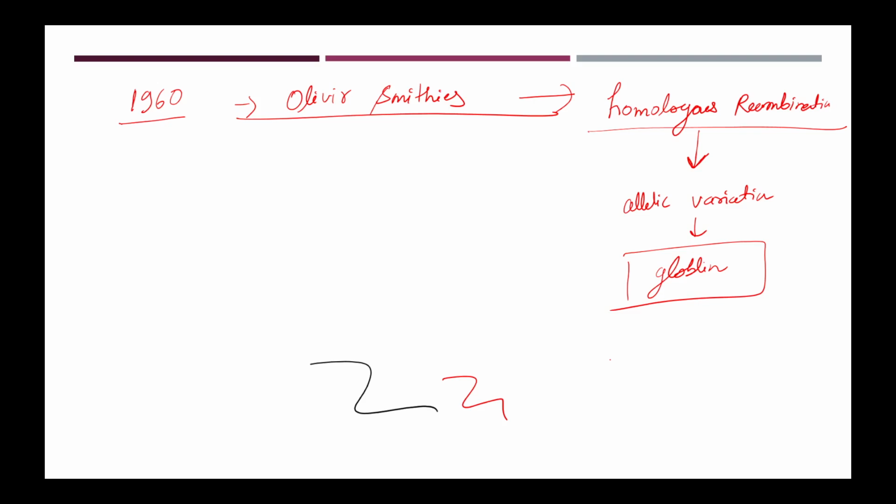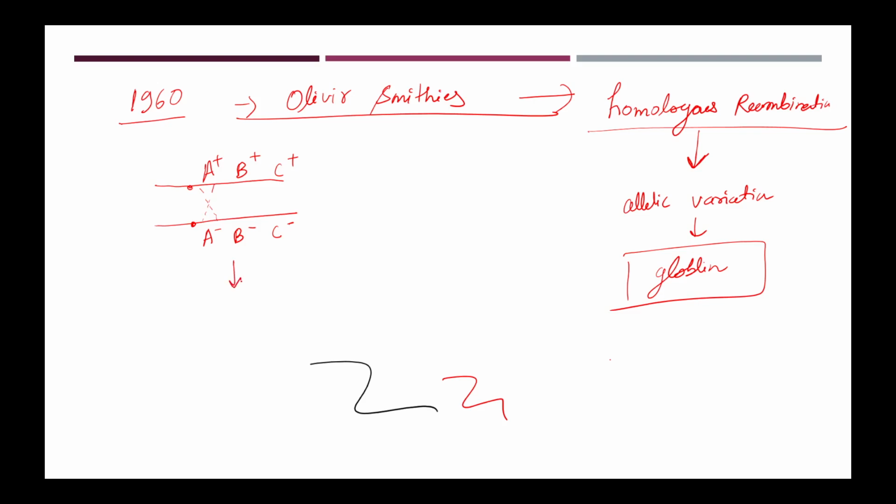Let's say there are two copies of the chromosome with particular genes present. If there is homology between the sequences, then there are chances of homologous recombination. Suppose at this particular point, because of the sequence similarity, homologous recombination takes place.